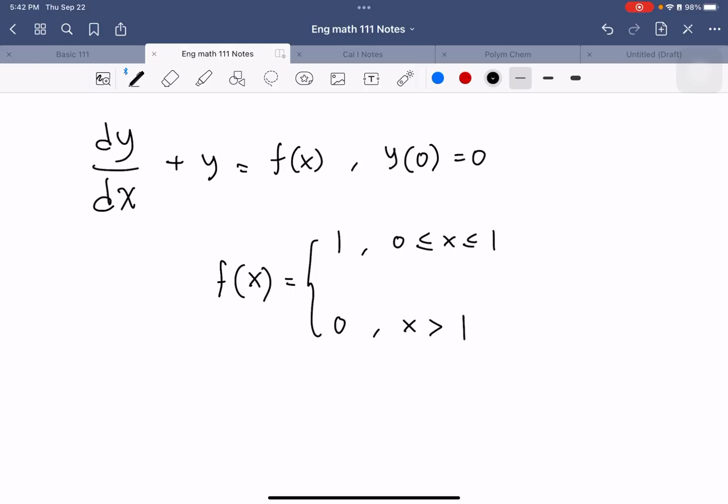First, the interval is from 0 to 1, and this one is 1 to infinity.